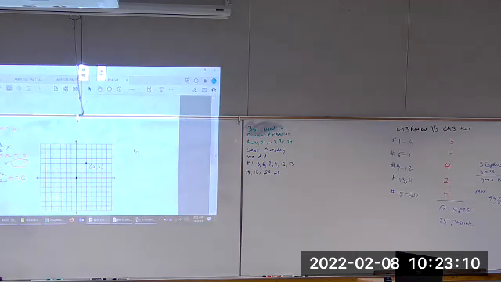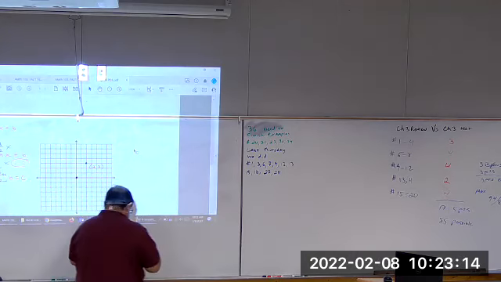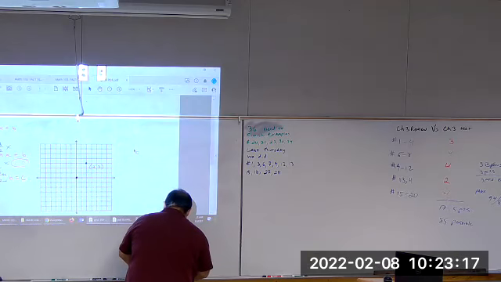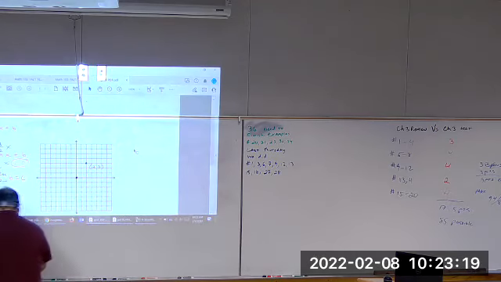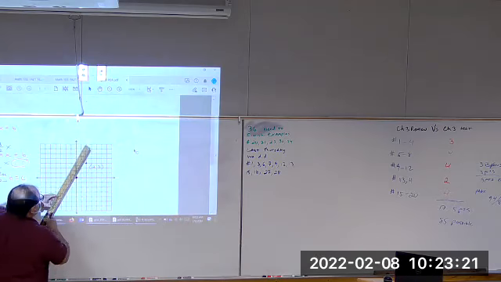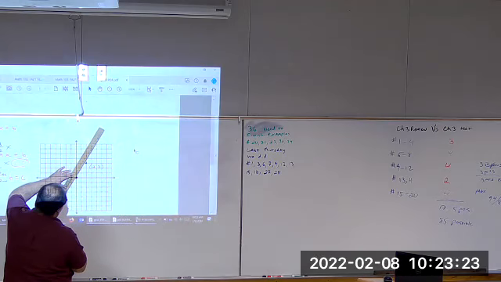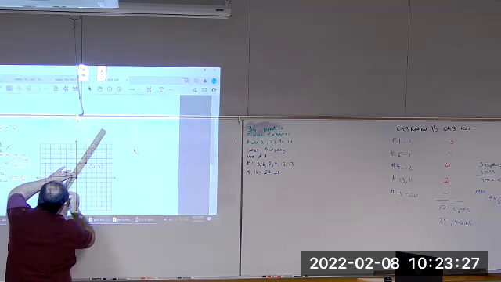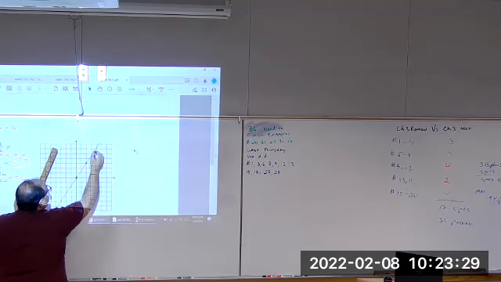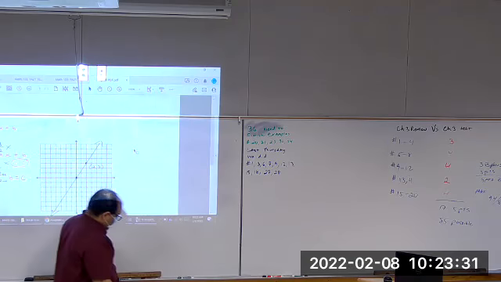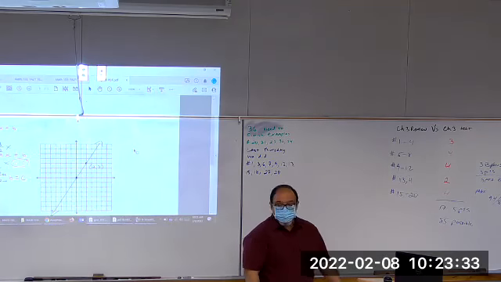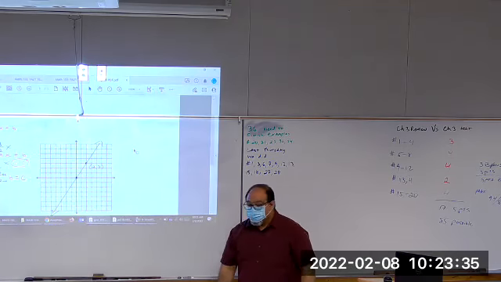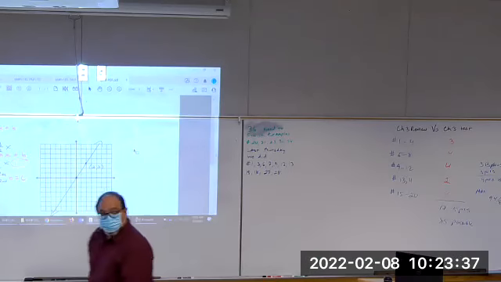That's not your address, that's the directions of how you got it. Then you have your 2 points. Make sure you have a nice straight edge. Take a pencil and draw your line, and don't forget your arrows. What else? Number 2.